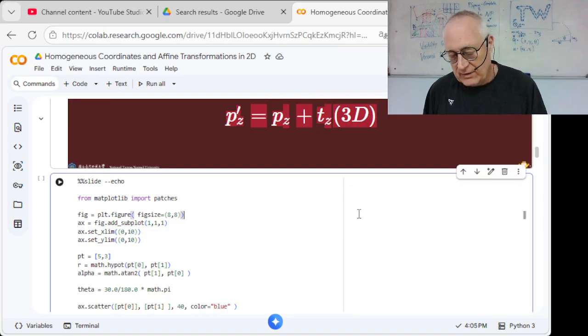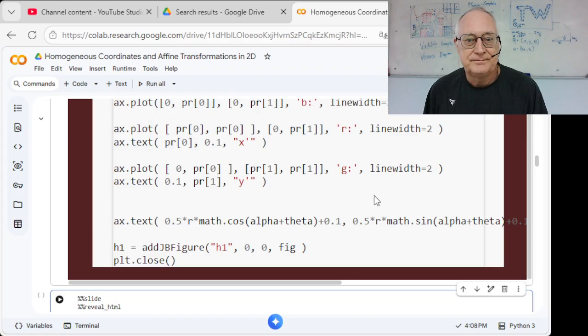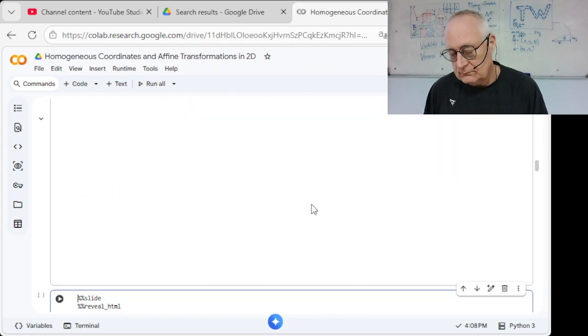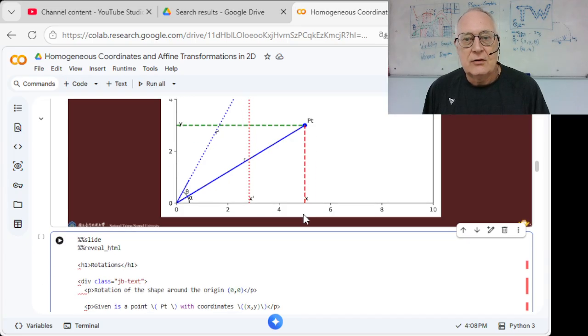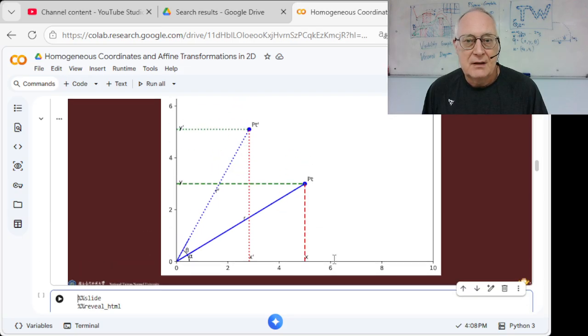What's more interesting is rotation. So what happens when we take a point and we rotate it around the origin by an angle theta here? I usually go through the proof of the rotation matrix and also the proof of the addition theorem, but to save time, I'm going to skip that.